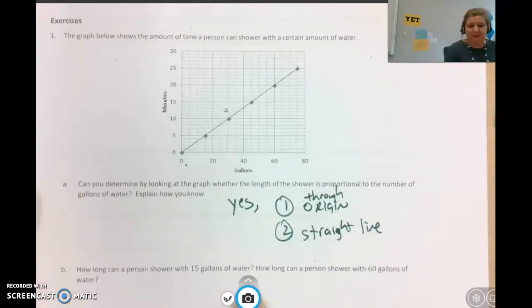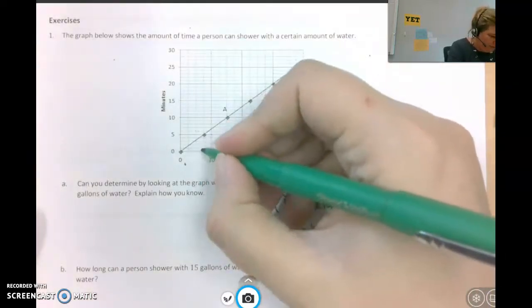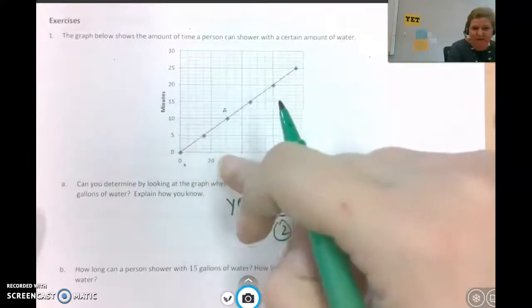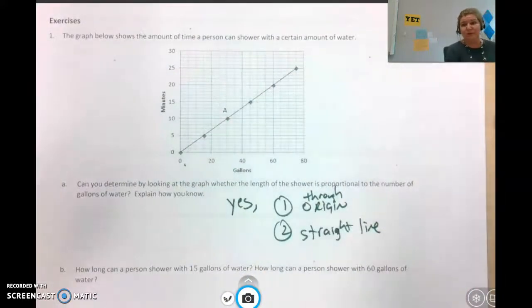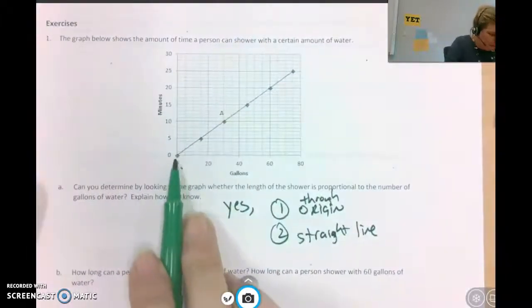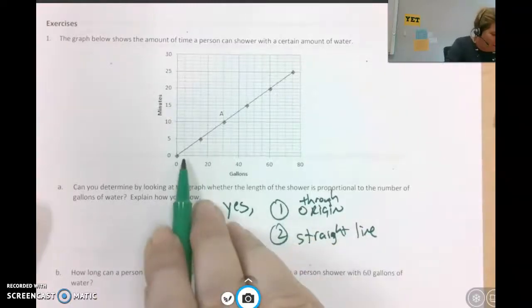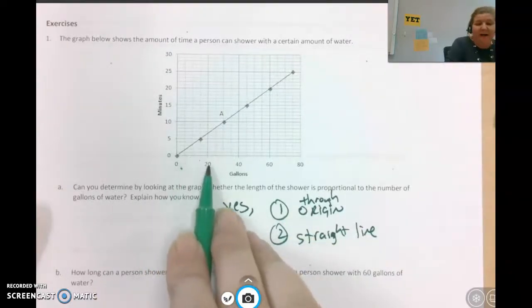How long can a person shower with 15 gallons of water? Let's look. There's 20, so 5, 10, 15, 20. These are counting by 5s. To test and make sure I know what they're counting by, I just counted. For 0 to 20, probably counting by 5s. Then I went 5, 10, 15, and that's 20, which it should be.